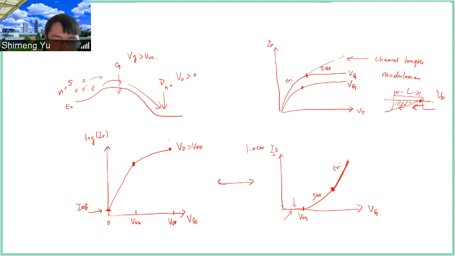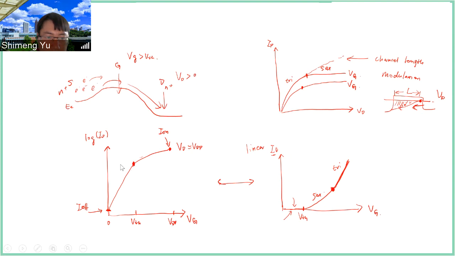Then this is the maximum current you can get, and here in this maximum current, it will always be the saturation current, because here the gate is VDD, and then drain is VDD, so VG minus VT is smaller than the VD, so this must be the saturation current. So this is the on current, that is the maximum current you can get from this transistor. So then understand those two definitions of the on and off currents.